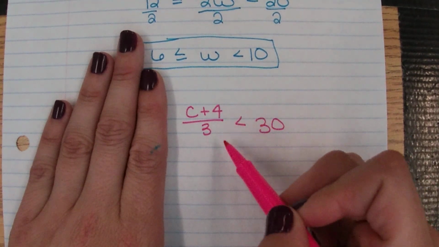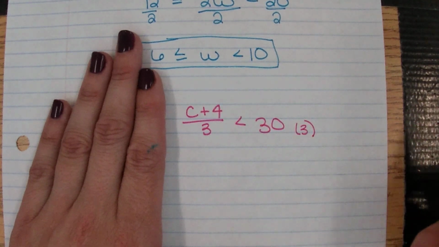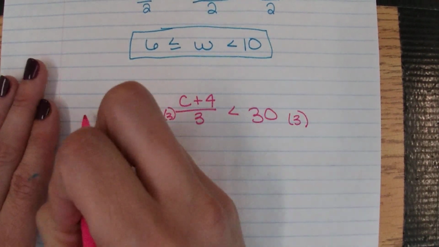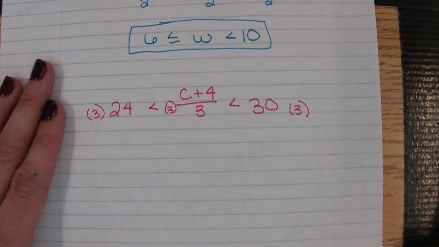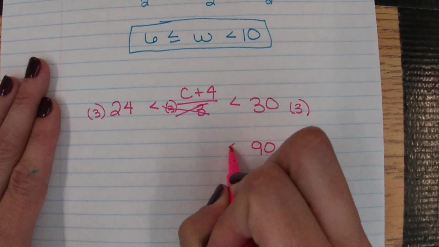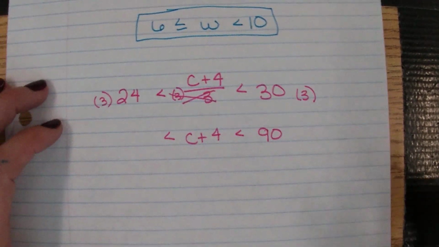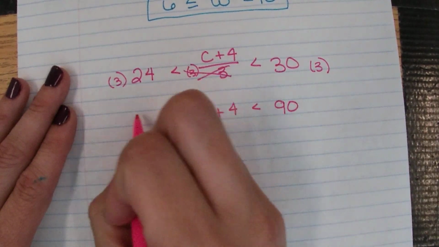Okay, and here to solve this, we would undo dividing by 3 by multiplying by 3. And again, that's going to happen in all 3 places. So 3 times 30 is a 90. Those cancel. We have a C plus 4. Let's see, 24 times 3, 12, 72.